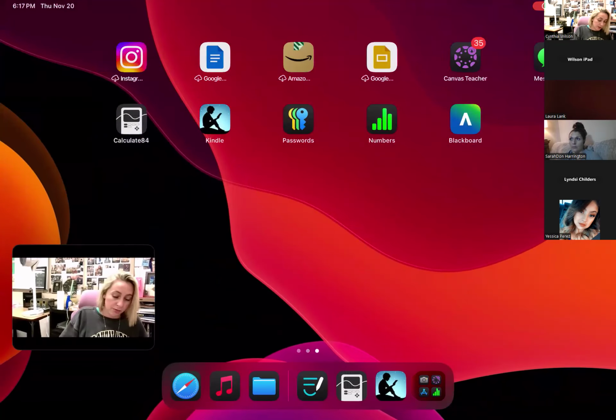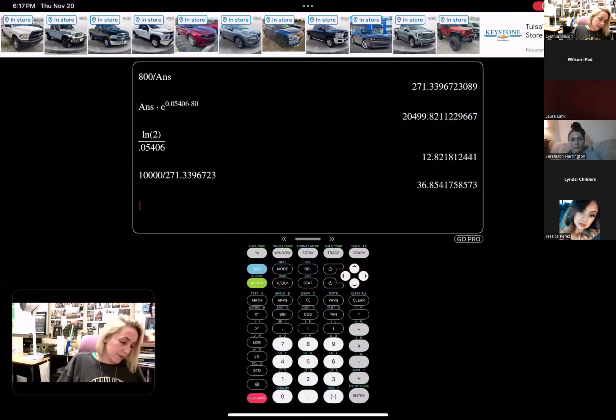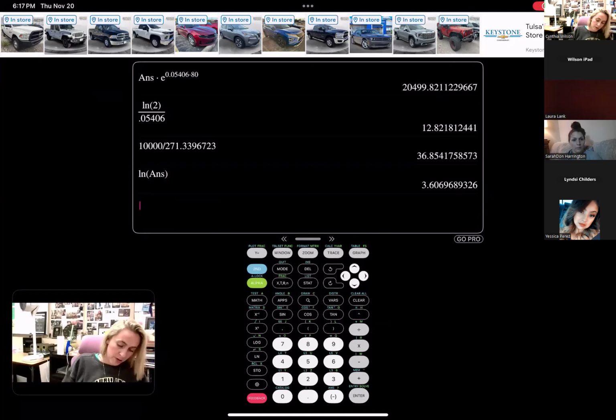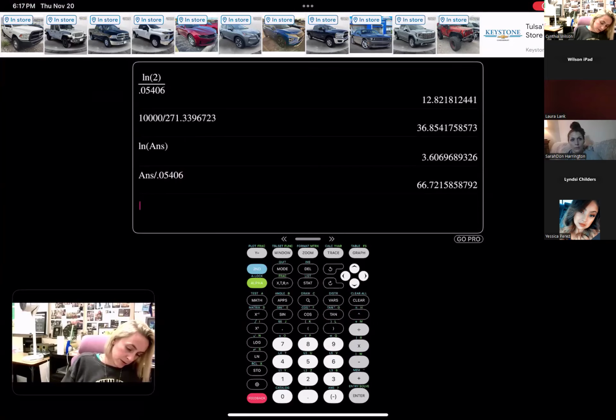Again, in your calculator, you already have that 36 in there. So you're going to take the ln of that value and then divide that by 0.05406. All right, so roughly 66.721 years.